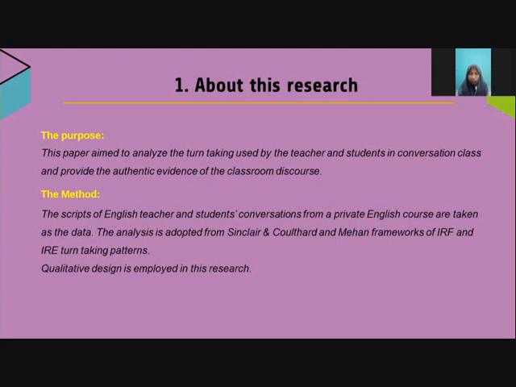The knowledge of discourse will also help the teacher build a good relationship with the students. And of course, if there is a good relationship between the teacher and the students, the teaching and learning process will be meaningful, interesting, and the students will have more motivation to learn.